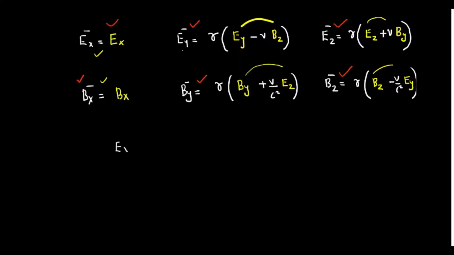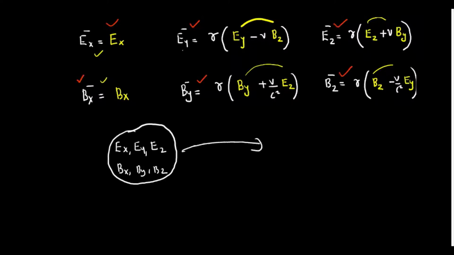The six components are Ex, Ey, Ez, then you have Bx, By and Bz. So this group is getting transformed to some quantities, that is Ex bar, Ey bar, Ez bar.